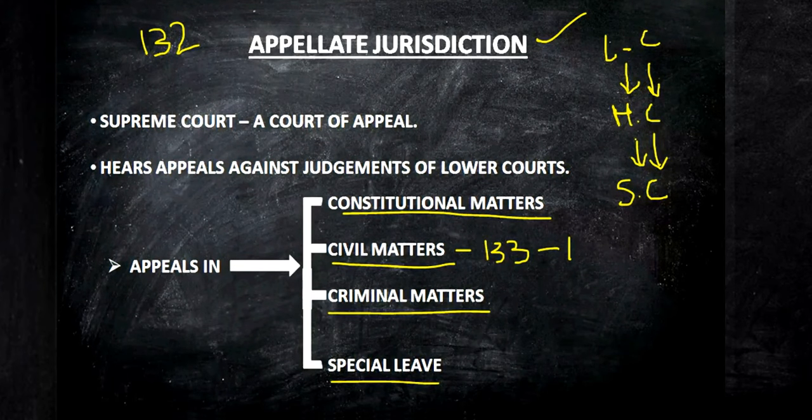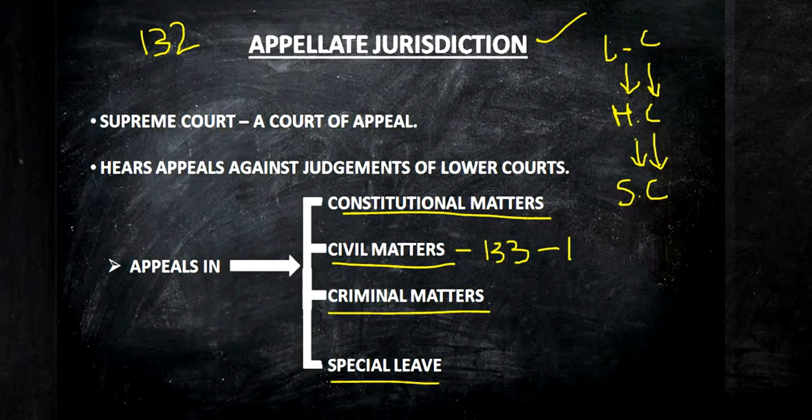The first situation is that the High Court reverses the order of the lower court. That means there is a case in the High Court and the High Court has reversed the judgment given by the lower court and then sentenced that particular accused to death. There was a case in the lower court and the lower court has given some punishment, or let us say the lower court has said that that particular person is innocent.